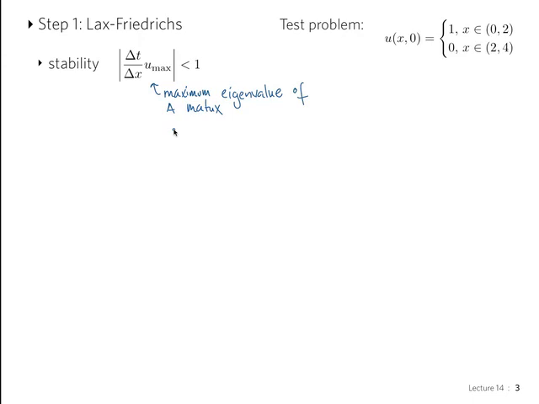Remember that with each computational step, the information travels delta x. So the computational speed at which information travels is delta x over delta t. The meaning of this stability constraint is that the velocity u has to be less than or equal to delta x over delta t, the velocity at which information travels.